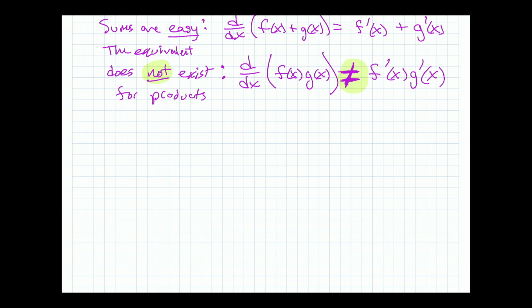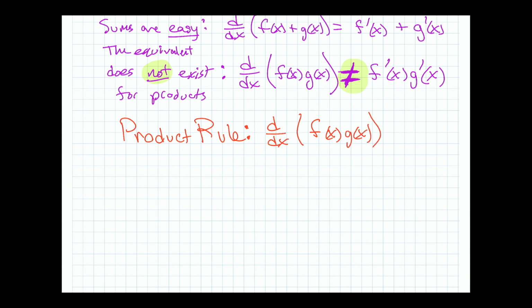So the one for products goes like this, and it's called the product rule, because it's the rule for products. Duh. All right, so we have the derivative of f of x, g of x. What is it equal to?